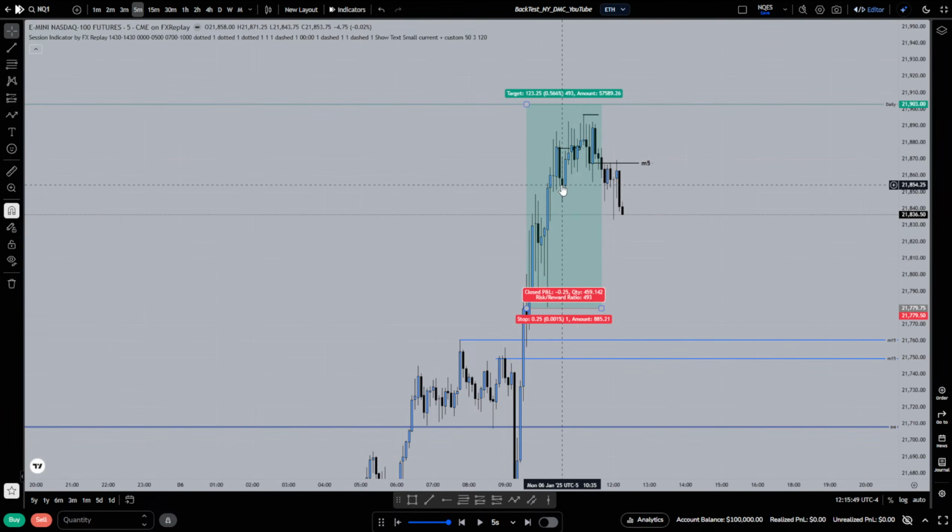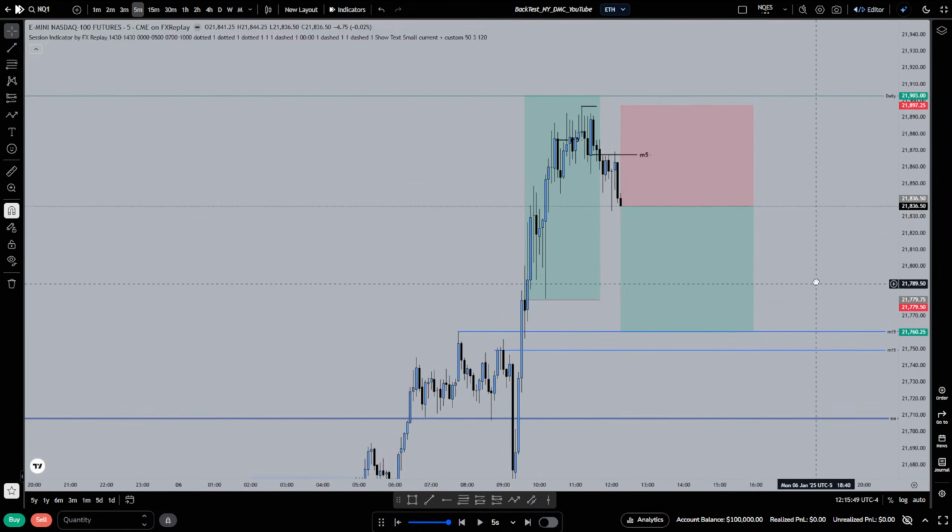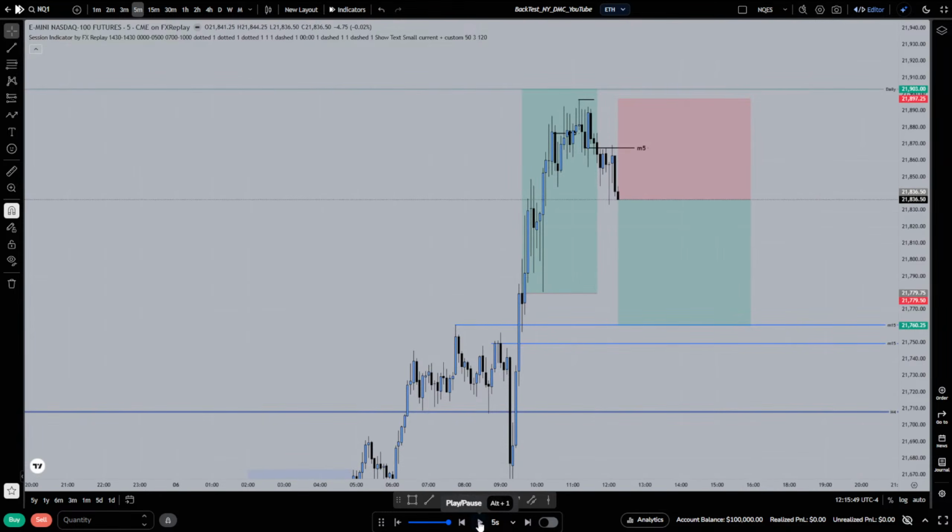We're closing below this level as well. So now we probably could go up to here at least. Let's see if this one plays out.